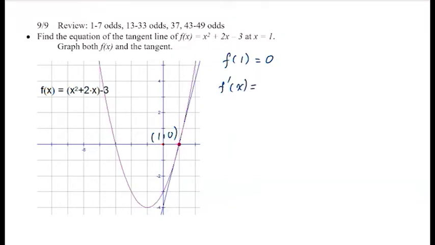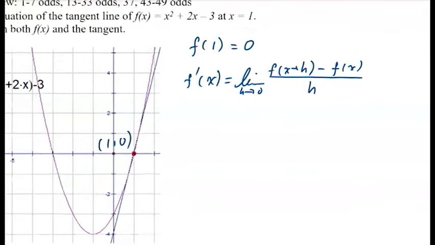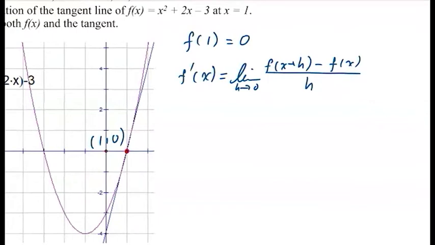Now that of course is the limit of h approaching 0 of f of x plus h minus f of x over h, isn't it? Okay, now I have a question. Did Miss Slattery require you to write this difference quotient? She did, right?